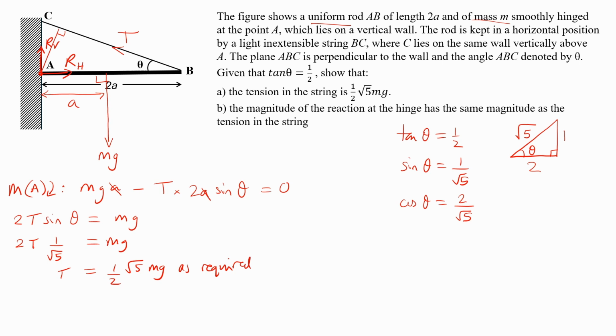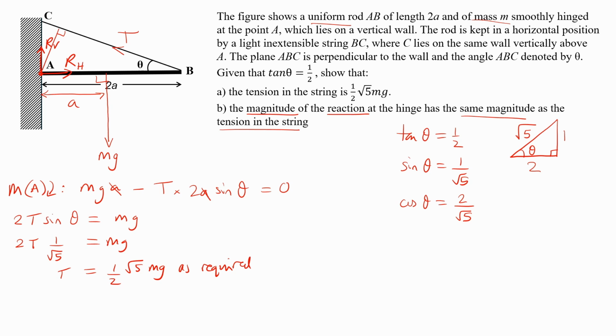The second part of the question is asking us to find the magnitude of the reaction at the hinge and show that that is the same magnitude as the tension in the string. So for this, we're going to need to use F equals ma, so Newton's second law, and we're going to need to resolve both vertically and horizontally.